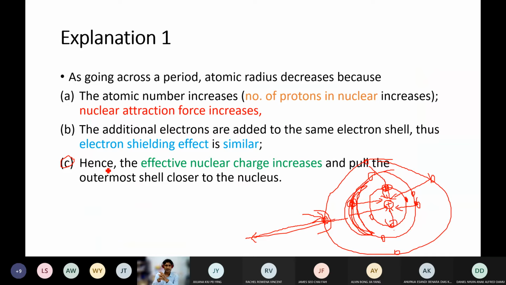The effective nuclear charge means the force of the nucleus increases, so it will hold the outer shell electron strongly and closer to the nucleus, and that is why the atom is smaller.